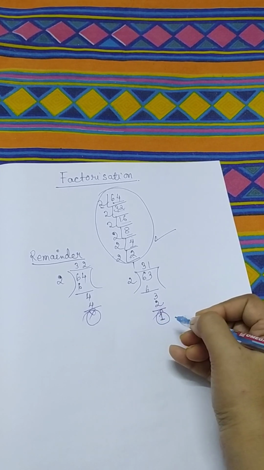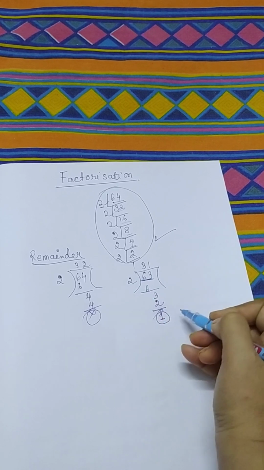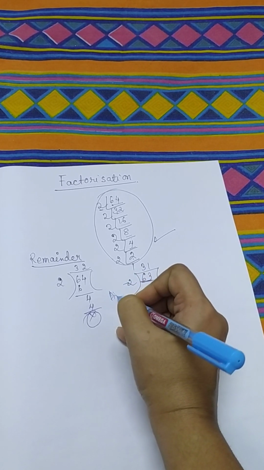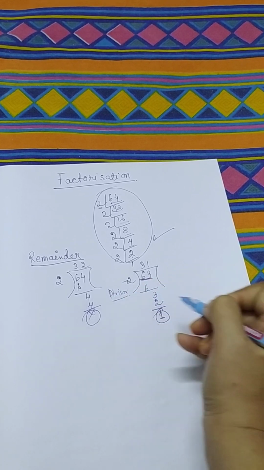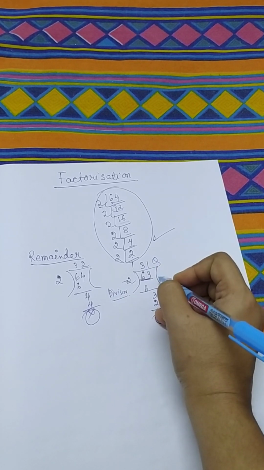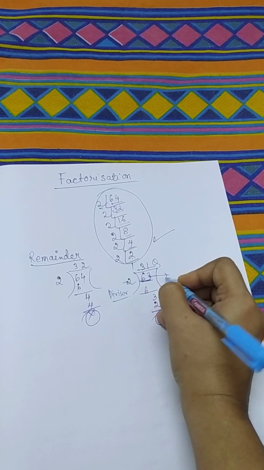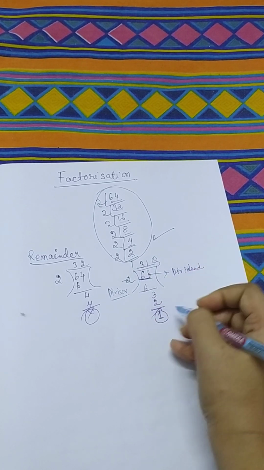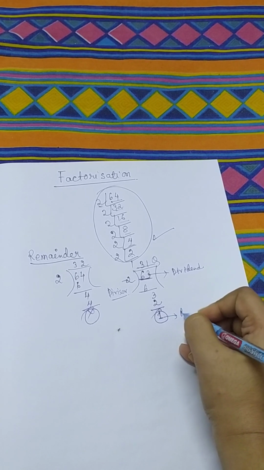Right. So 2 is the divisor, 31 is the quotient, 63 is the dividend, and 1 is the remainder.